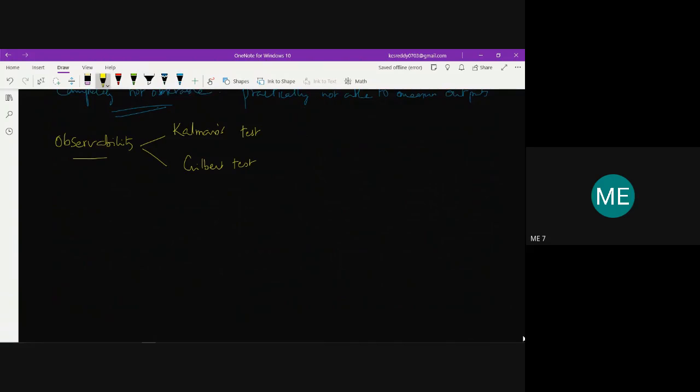In the case of controllability, we used the Kalman's test by writing the composite matrix.